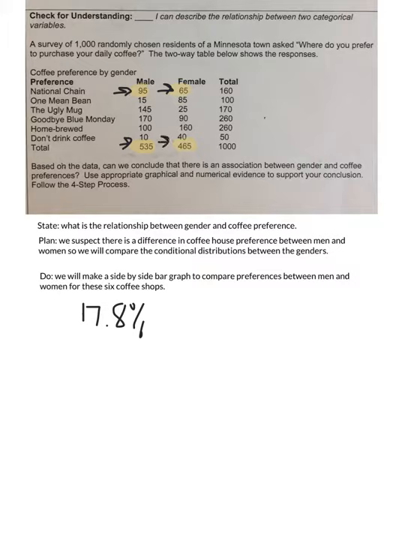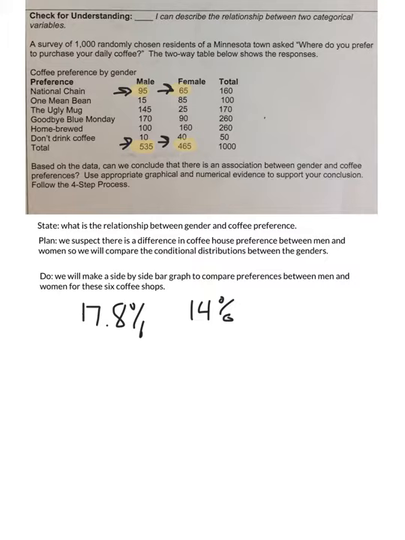So we're going to do 65 divided by 465 and see what that is. When I divided those, it looks like it's right around 14%. So it looks like the men are preferring a national chain versus those 5 other shops.